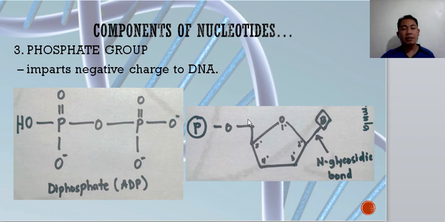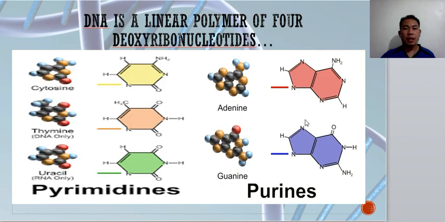This is actually the phosphate bonds. The phosphodiester bond is the connection of our phosphate group and our sugar. In summary, these are the structures of your pyrimidines and purines.